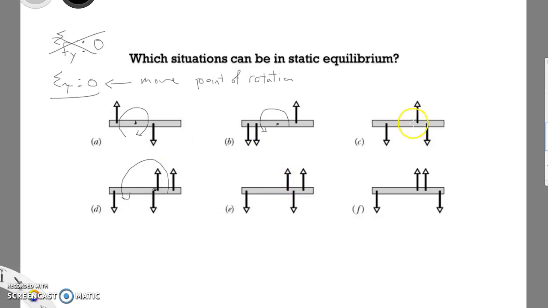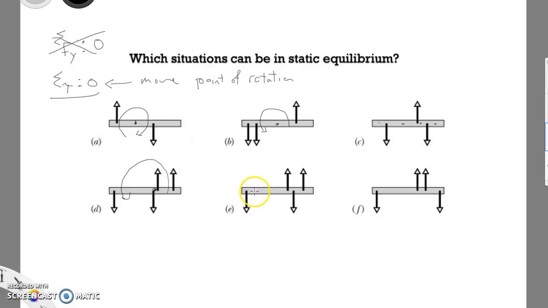For this one, there's no point that I can draw where you can't keep it in equilibrium based on these arrows, because if I put it here, I've got opposing torques. If I put it here, I've got opposing torques. Same if I put it here, or right here. So this system right here is in equilibrium, or could potentially be in equilibrium.